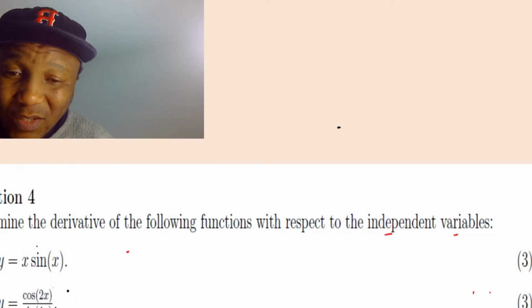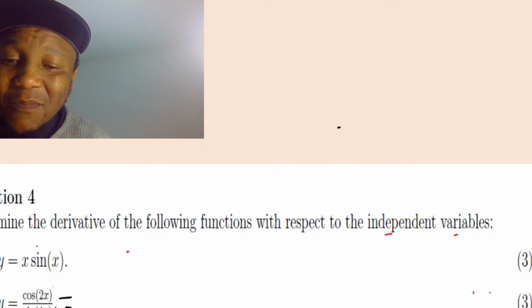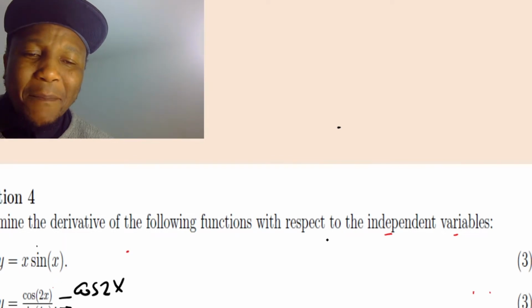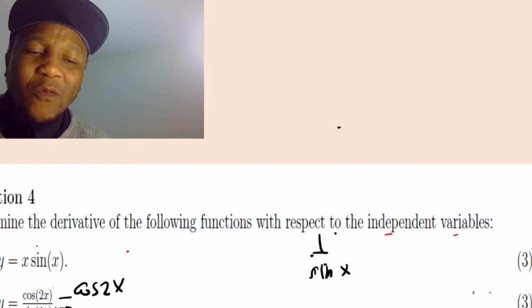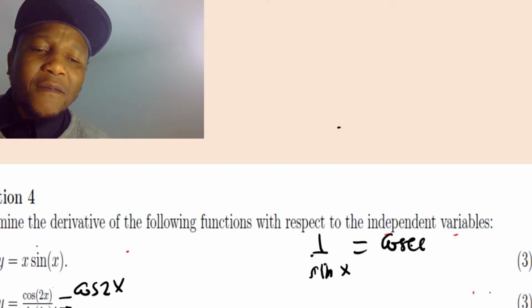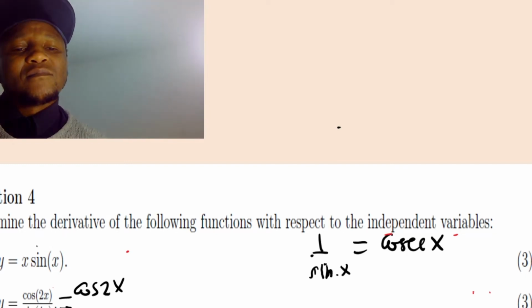So what I'm going to do, see this one here? I'm going to change it to a multiplication. We have cos 2x on top, but look, if somebody gives you 1 over sine of anything, this is equal to cosec of x.